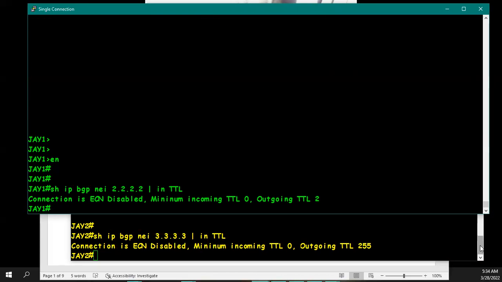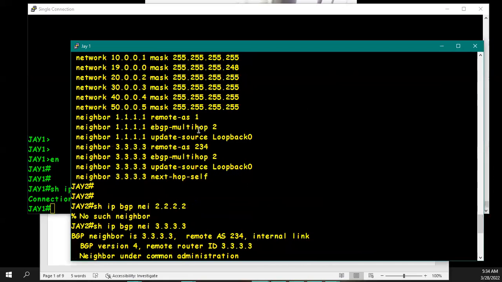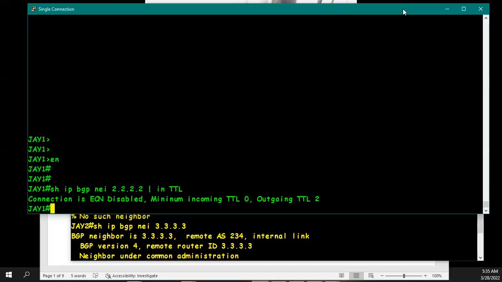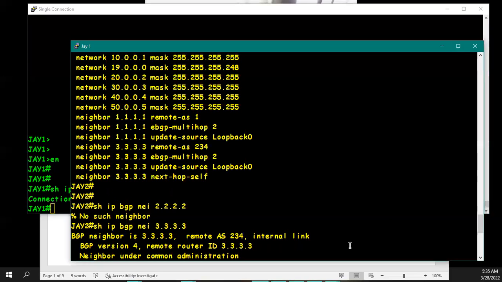Now the command that I showed you before, eBGP multi-hop, is what allows you to change your TTL. So basically you are giving the TTL a little bit more room to breathe, because we are peering with loopbacks. So like I said, we're updating our source from loopback 0.